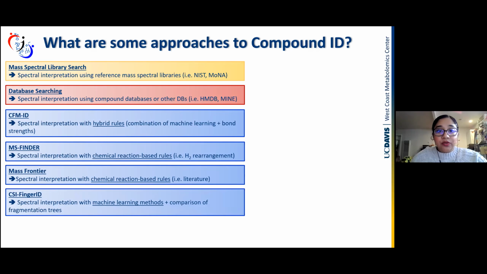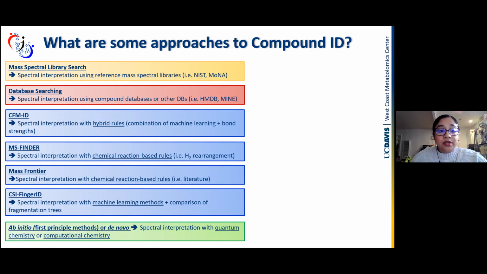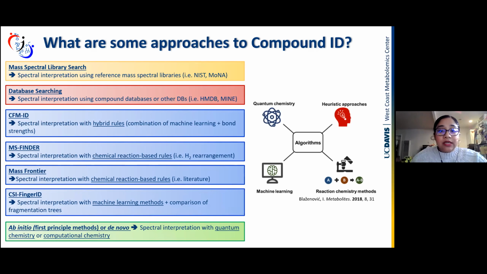Then there's also another tool, CSI:FingerID. It's used in combination with SIRIUS, and spectral interpretation is done using machine learning methods plus comparison of fragmentation trees. And then there's also the use of ab initio first principle methods, or really quantum chemistry, to provide spectral interpretation. So these are some approaches and some tools, but really it's taking an algorithm, whether it's quantum chemistry, heuristic approaches, or machine learning.